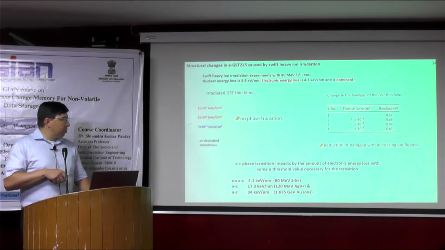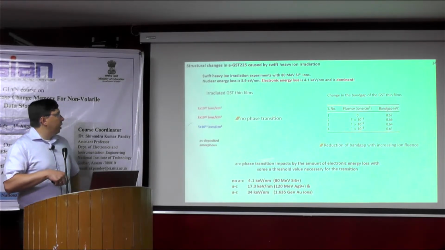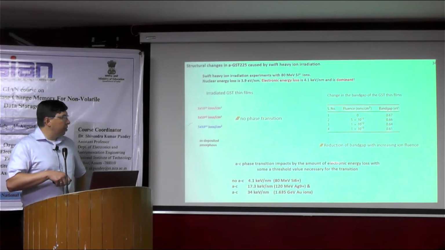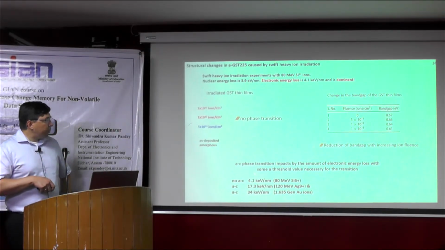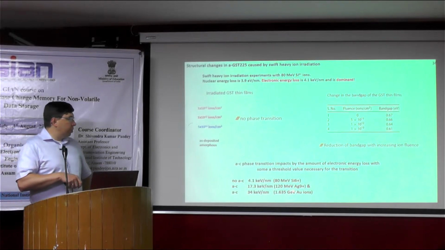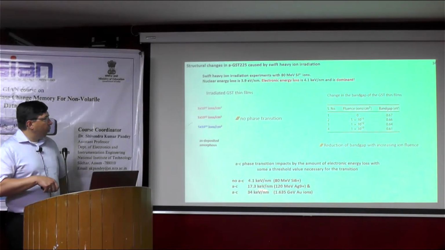Also, some conclusions on this swift ion irradiation with highly energetic ions. For low energies, we irradiated with different energies, starting from GeV to MeV, and also here to MeV. In all cases we observed electronic energy losses.